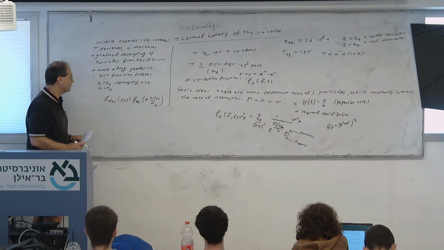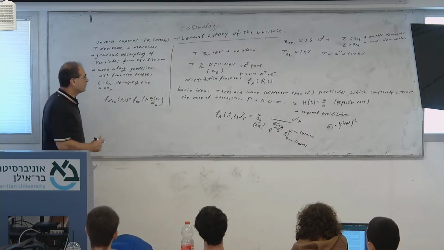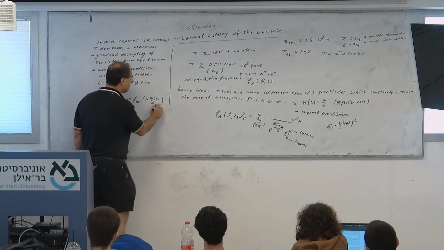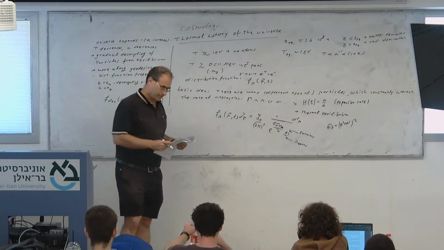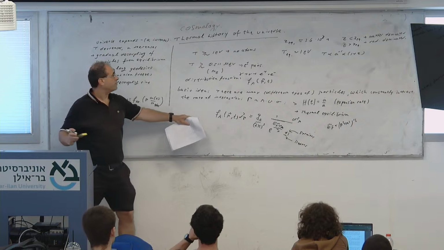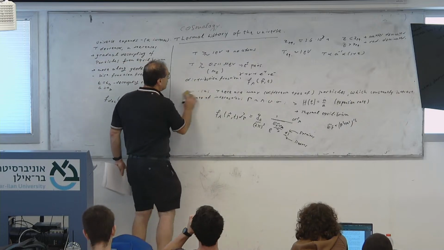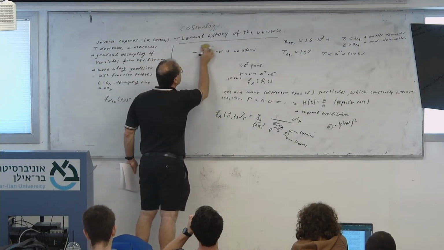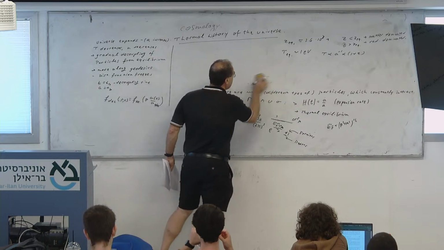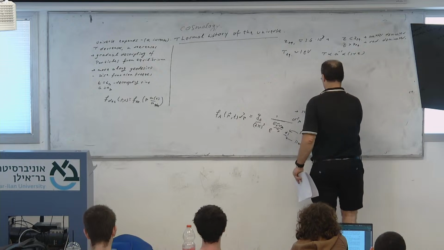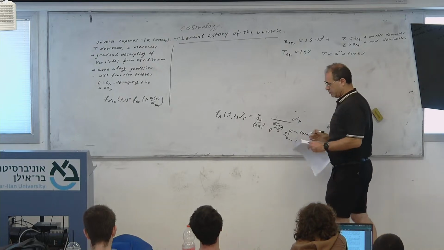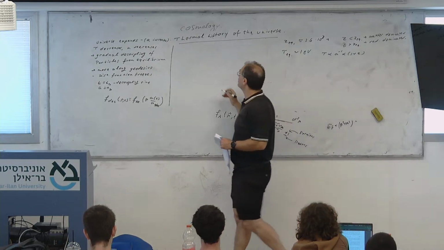Does decoupling happen before or after equilibration? It depends on the particle, but mostly before. Okay. If we have this distribution function, now what will be the density and energy of the particles? I'm pretty sure that you've seen that before. So what is the density?